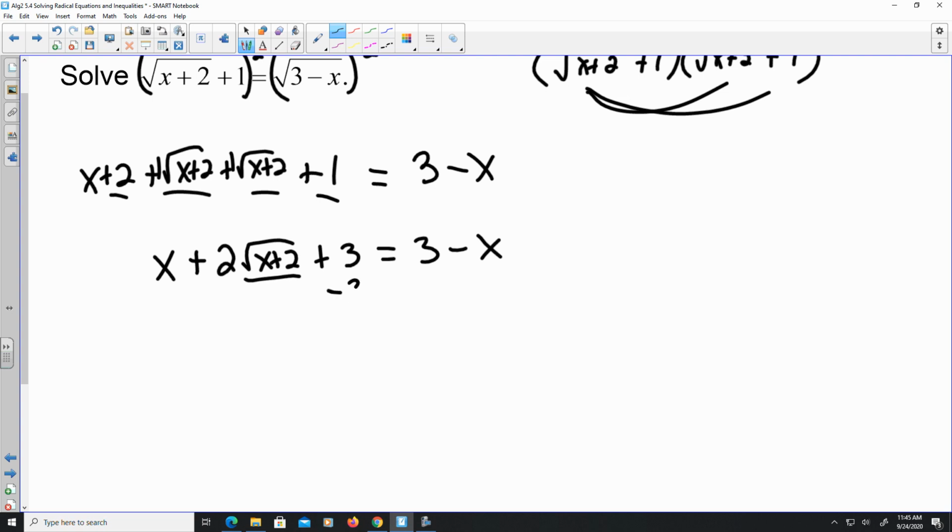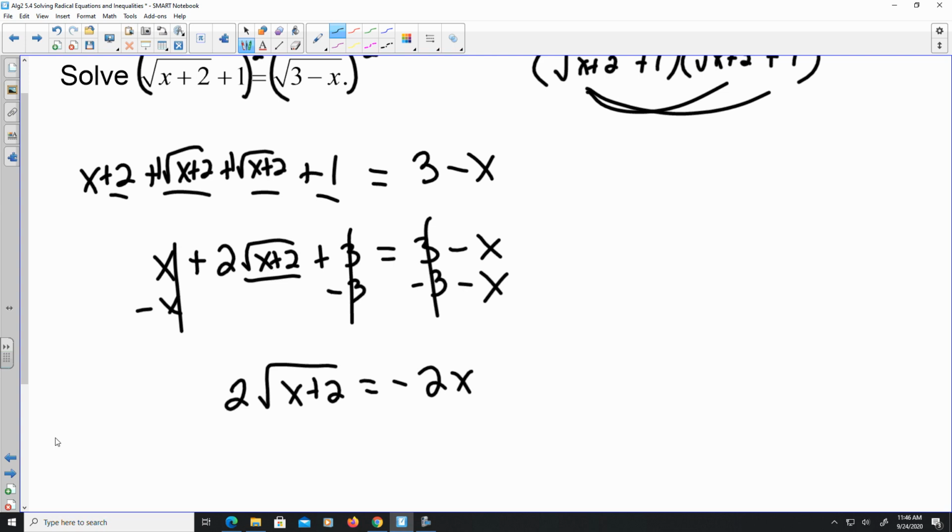So I'm going to subtract 3 from both sides, and I'm going to subtract x. So this gets canceled, this gets canceled. So now I'm left with 2 times the square root of x plus 2, and this is going to be equal to negative 2x, because these cancel right at the moment.